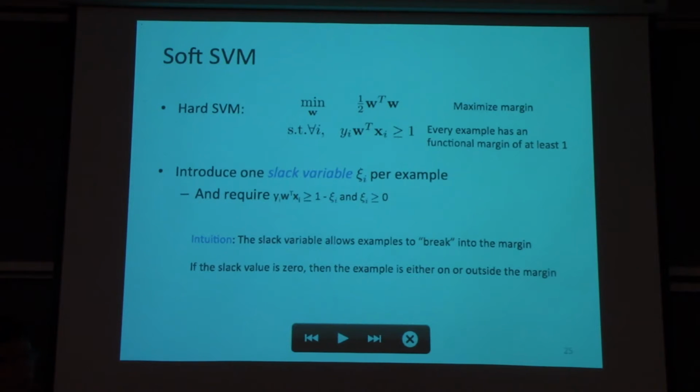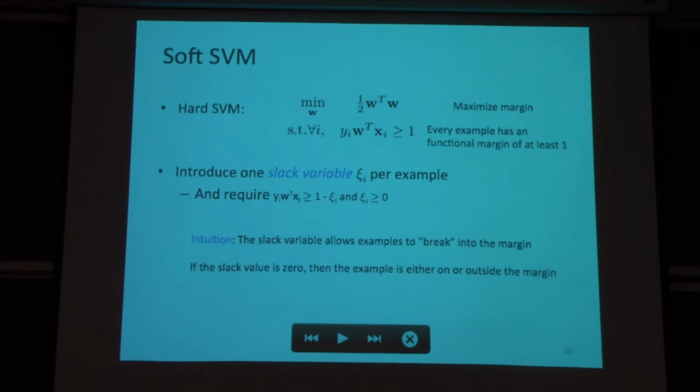Xi is a Greek letter. You can think of Xi as how much this data point can violate this constraint. So instead of requiring y W x bigger than 1, we no longer require that. We require y W x bigger than a number less than 1. So we weaken our constraint in some sense. We don't require it bigger than 1, but bigger than some smaller number. So Xi is the extent to which you allow this violation.